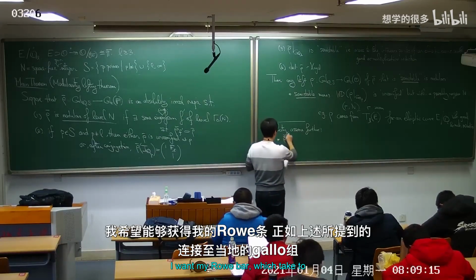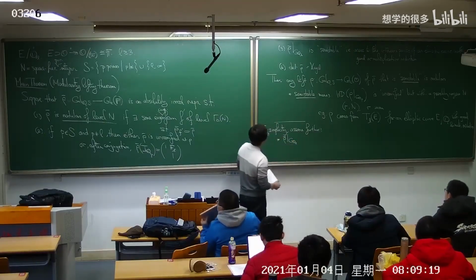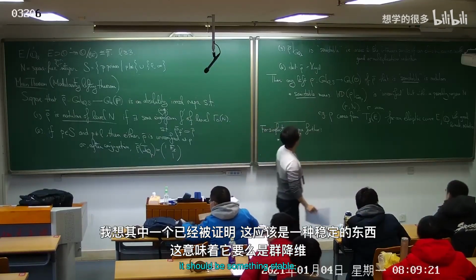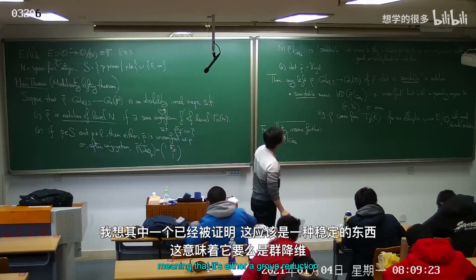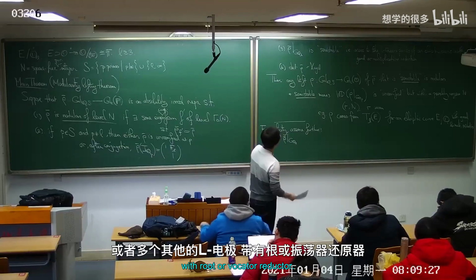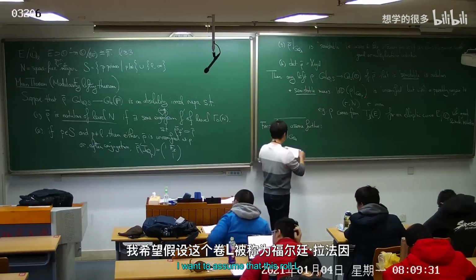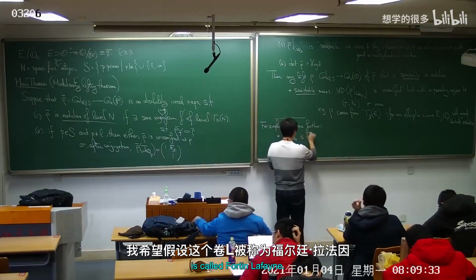I want my rho bar restricted to the local Galois group as above, which I guess was proved to be semi-stable, meaning that it's either the L torsion of a curve with good or multiplicative reduction. I will assume a little bit further. I want to assume that this rho L is so-called Fontaine-Laffaille.